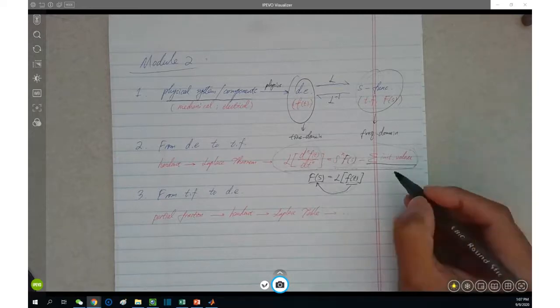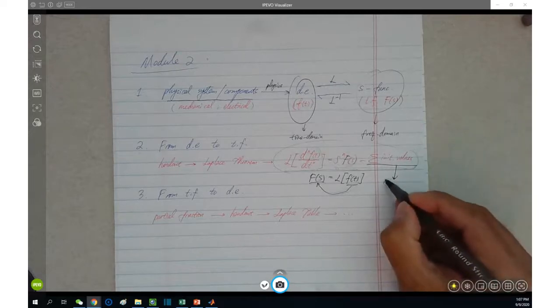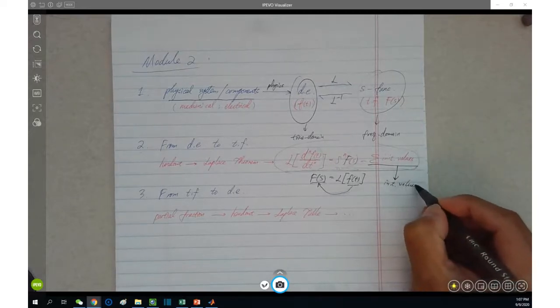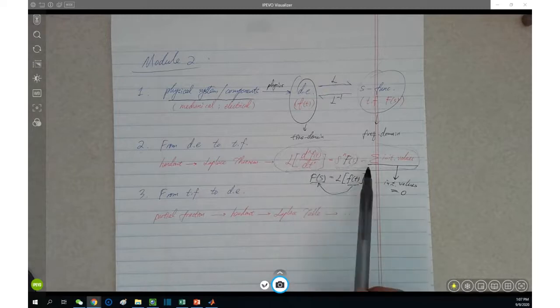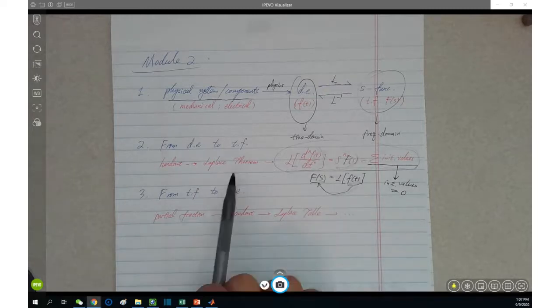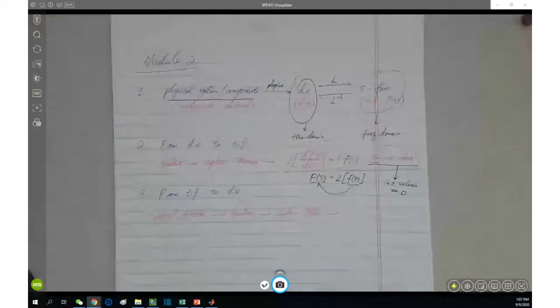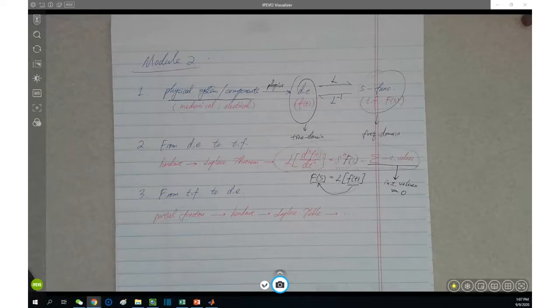Most of the time, the initial values are assumed to be 0, except otherwise being told. This is how we understand this formula in one of our handouts. If you go through the examples, it's not very difficult. Just be careful enough, then you get full credit in the exam.